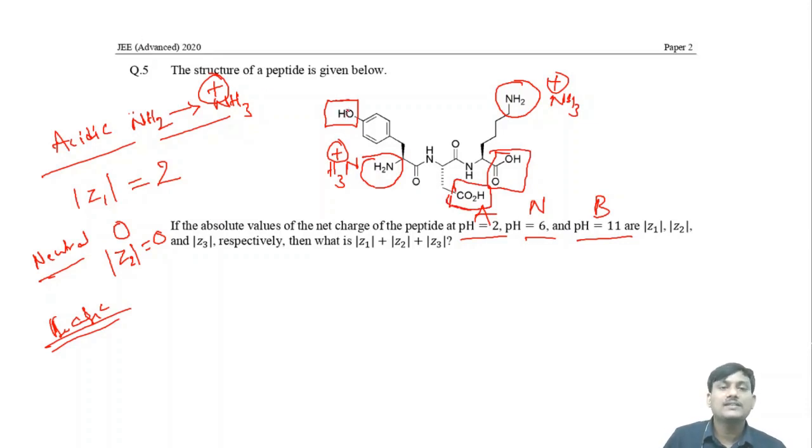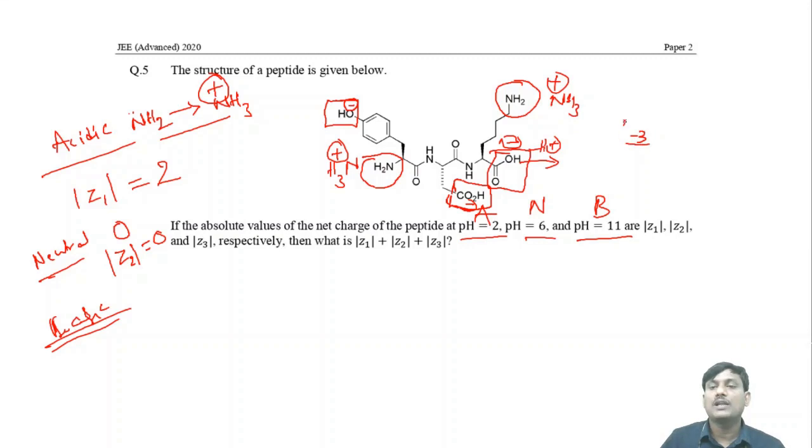In basic condition, this one will become O minus. There is a deprotonation, a removal of H+. So here COO minus, and here also COO minus. So finally, what is the total charge? Total charge will be -1 -1 -1, it will be -3.